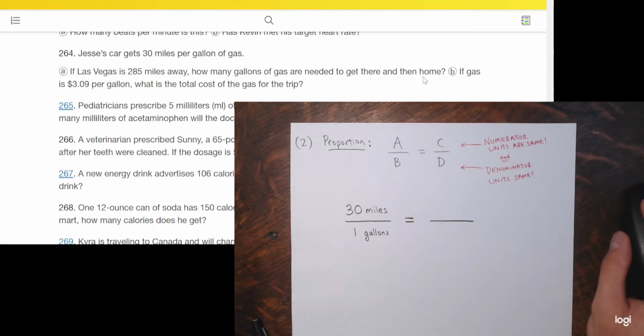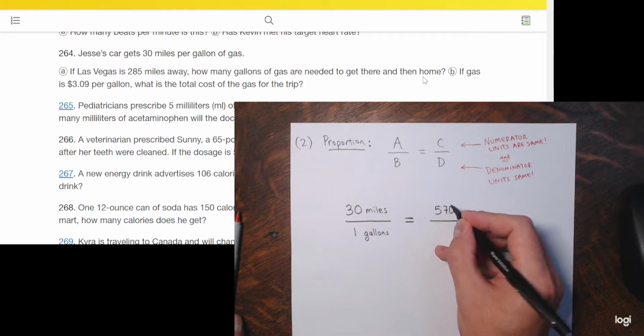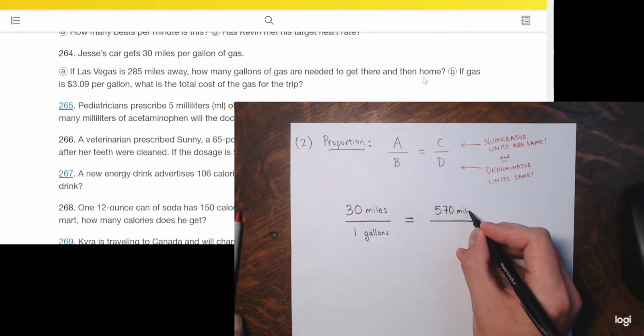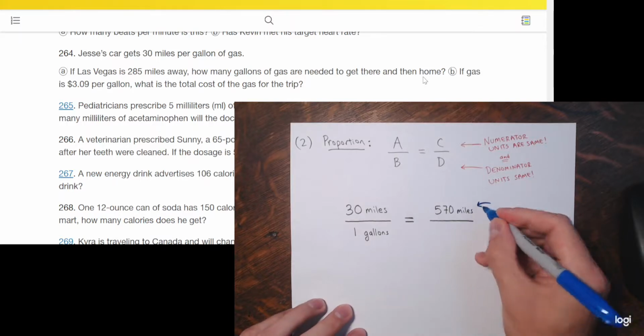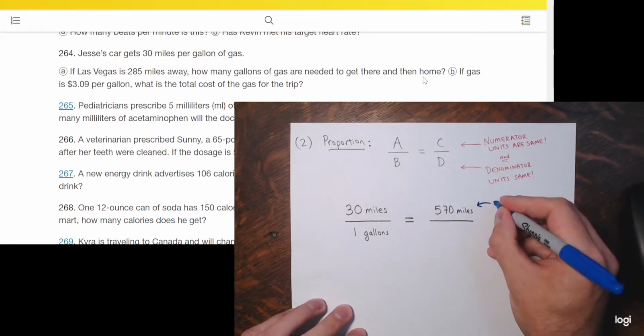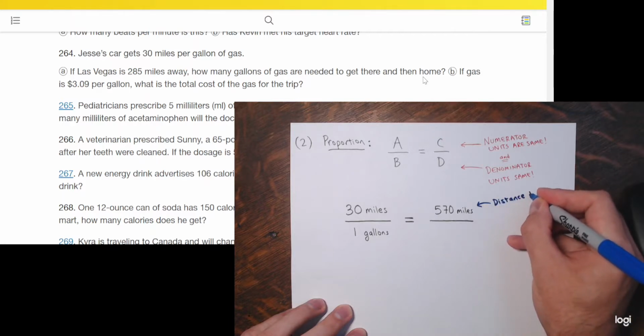So that'd be 570 miles. So I'm putting that in the numerator of this ratio on the other side. And once again, this is the distance to Vegas and back.